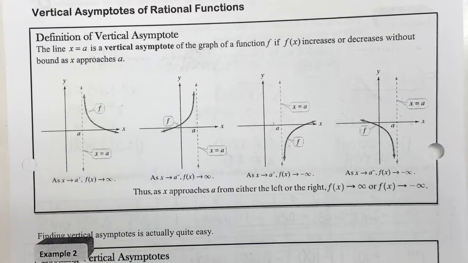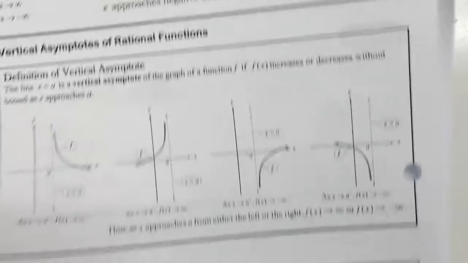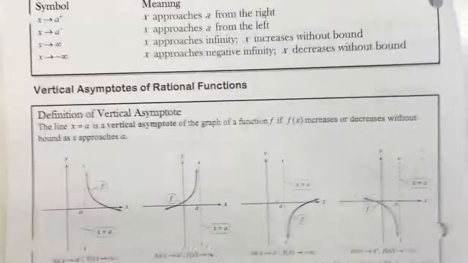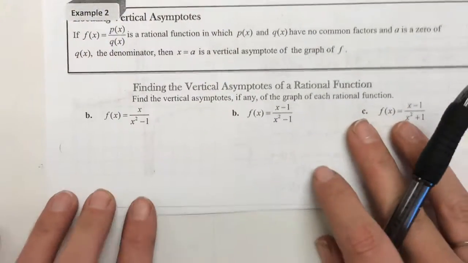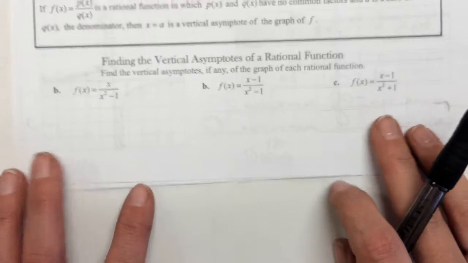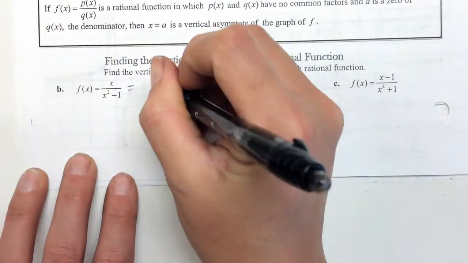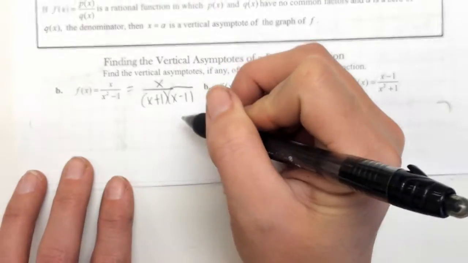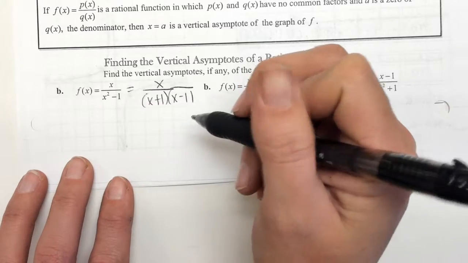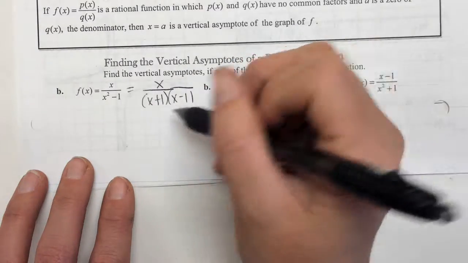And now to find vertical asymptotes, that has to do with our domain, which is what we found on this page, the domain. So all we have to do on these three is find our domain. So again, make sure it's fully factored. I can factor this bottom into x plus 1, x minus 1 using difference of squares. Nothing's going to cancel out, so I won't have any holes. And now look at the denominator.